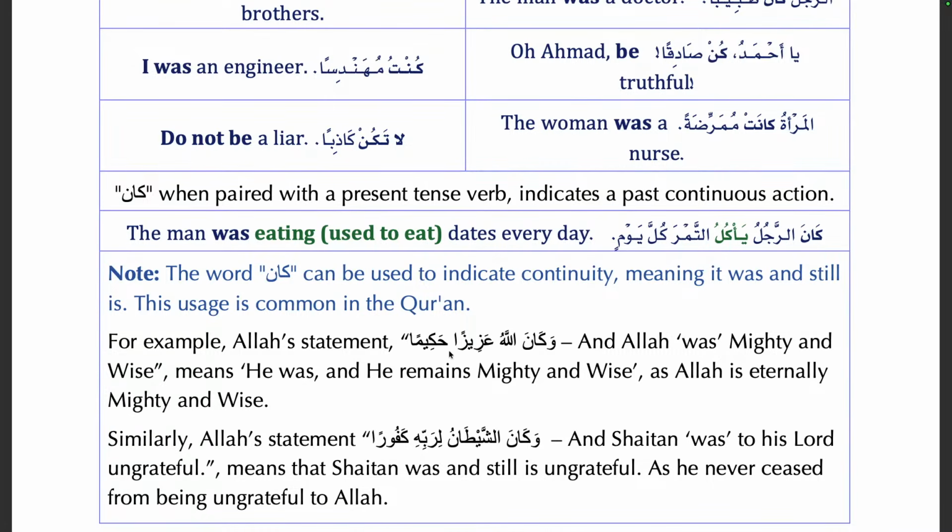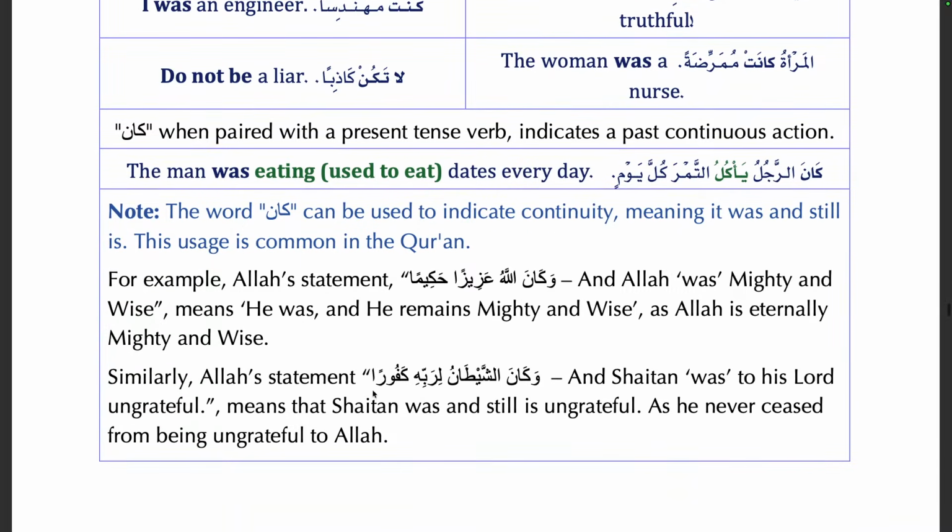That is with Allah subhanahu wa ta'ala. But when it comes to others, it's not obvious. Clear? So someone can take this verse and say Allah was, so that means He is not. Why? Because the language, what it means, is He was and He still is.